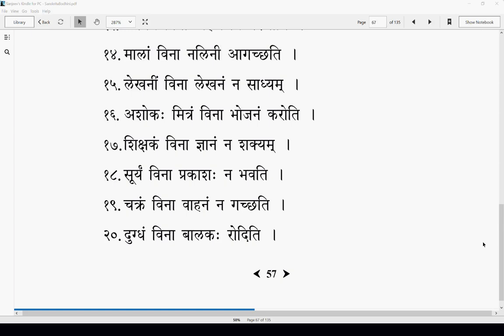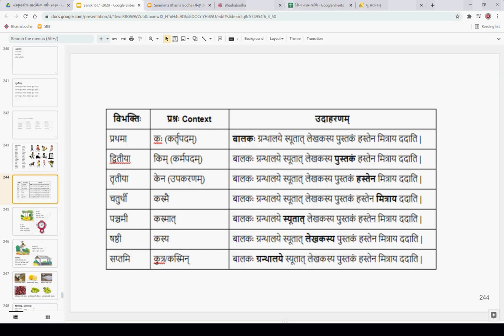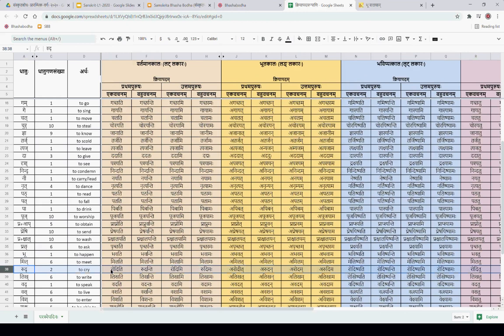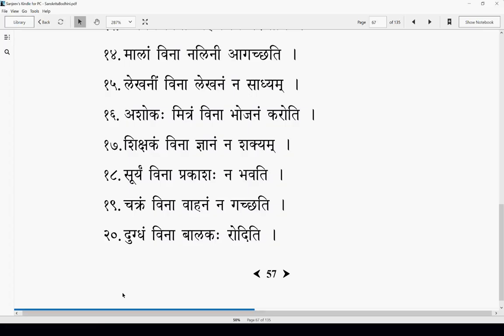So that is also on this sheet, you can see here, row number 38, column E. 38E, roditi. That is a little special kriya padam.